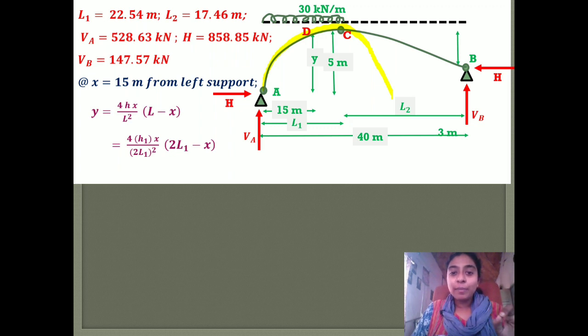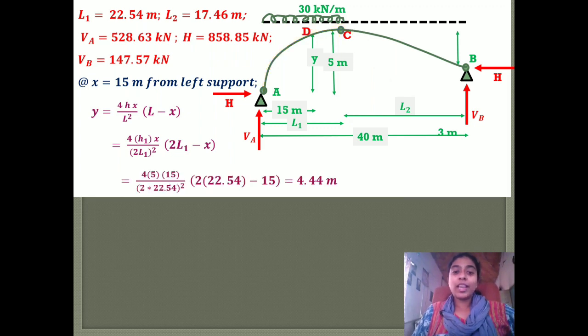Our L will be equal to 2L1, our H will be equal to H1. So we get y is equal to 4 into h1 into x by 2l1 the whole square into 2l1 minus x. Now substitute the values. So h1 is 5 meter, x is 15 meter, and L1 is 22.54 meter. So substituting, we get y is equal to 4.44 meter.